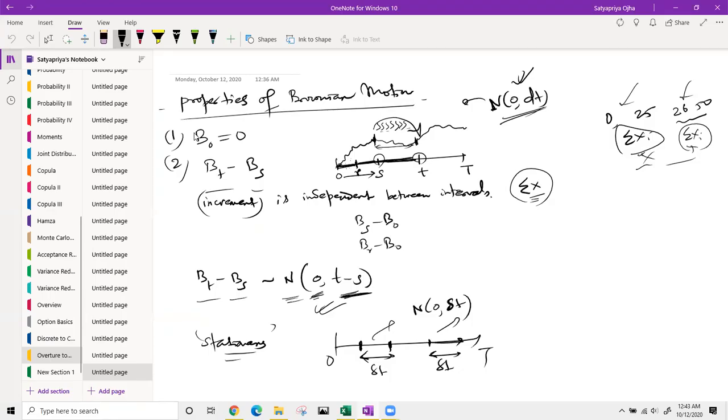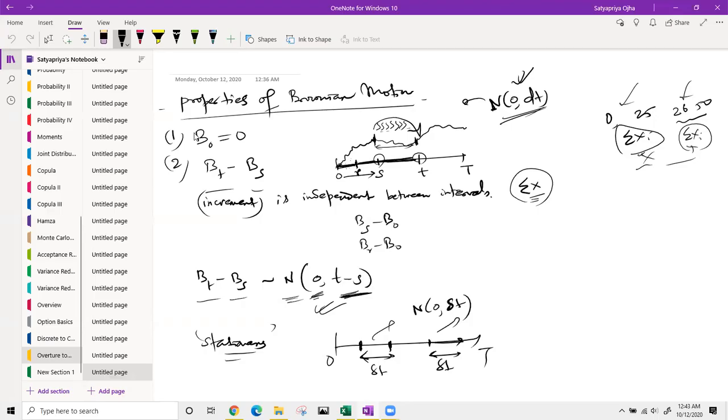As long as the time lag is same, the variance will be same. Hence, it is stationary. Constant variance you can think of. Doesn't matter where it is situated. That is stationary.